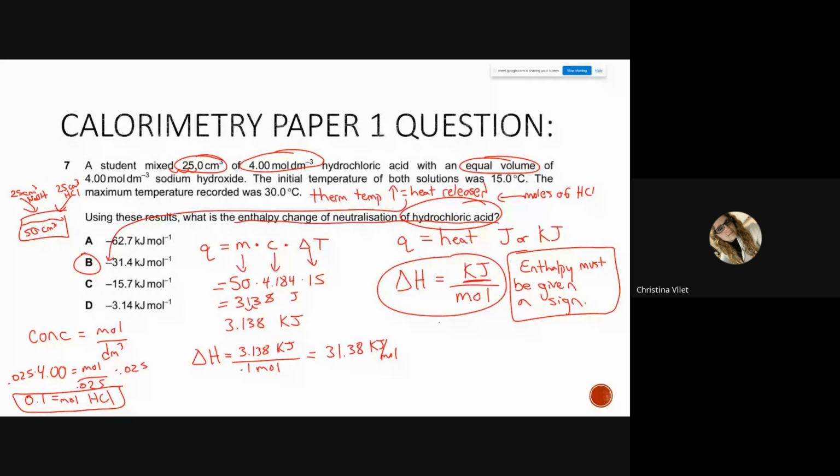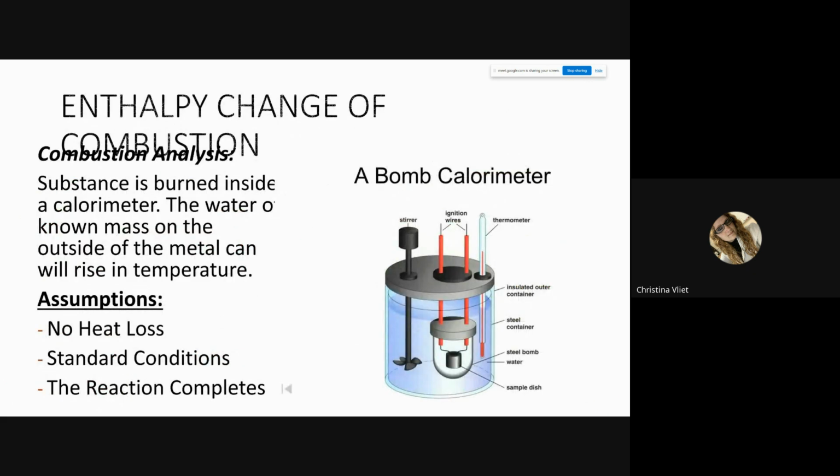All right, we're almost done. I'm just going to bring up one more thing before we go. Remember that question I told you, the propane gas could not mix with the water? That's because this is the other type of calorimeter. You're not going to have to memorize this setup, but you can use a metal can if you have to burn an organic fuel.